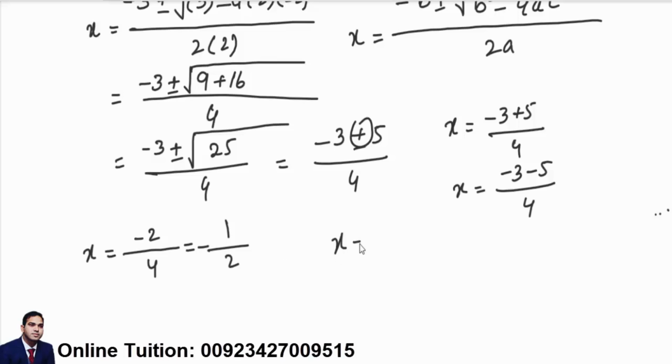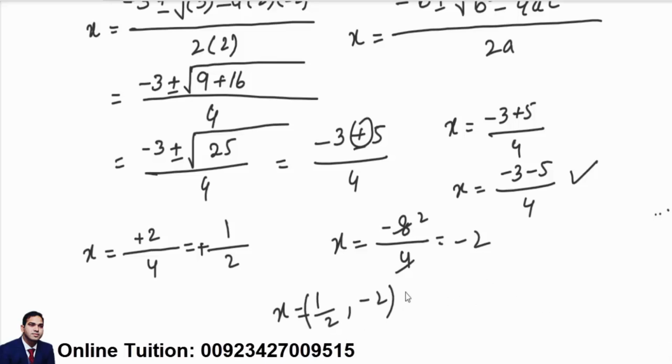The second value of x is negative 3 minus 5, which is negative 8, divided by 4. This is negative 4 ones are 4, 4 twos are 8, so this is negative 2. So the x values are 1 over 2 or negative 2.